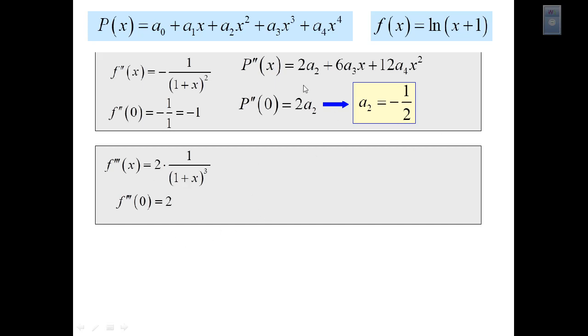And then when we do the other side, we're going to take the derivative of this. So this constant is going to go away. Here we're going to end up with 6a to the third. And here, when we take its derivative, we're going to get 24a to the fourth x.